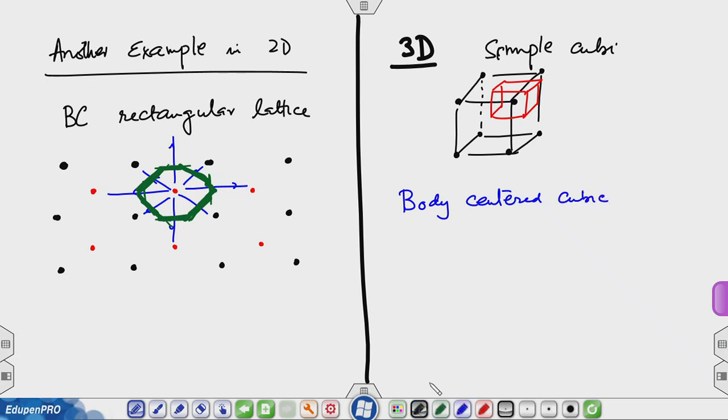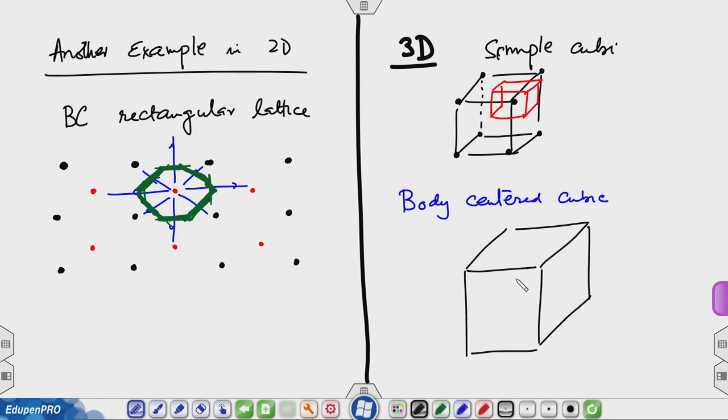So, in the body centered cubic, I have this simple cube. I am going to attempt making the Wigner-Seitz cell here. I have these atoms at the corners and one at the center.